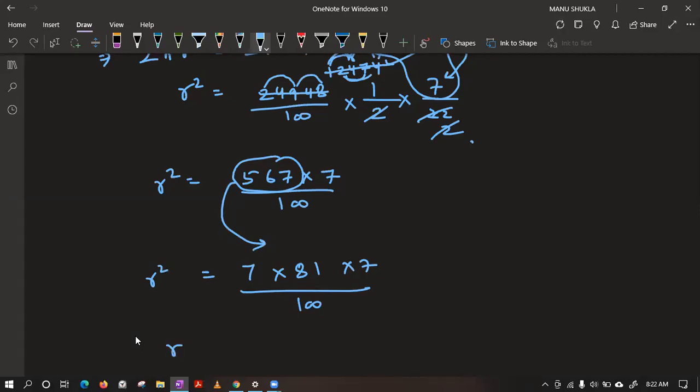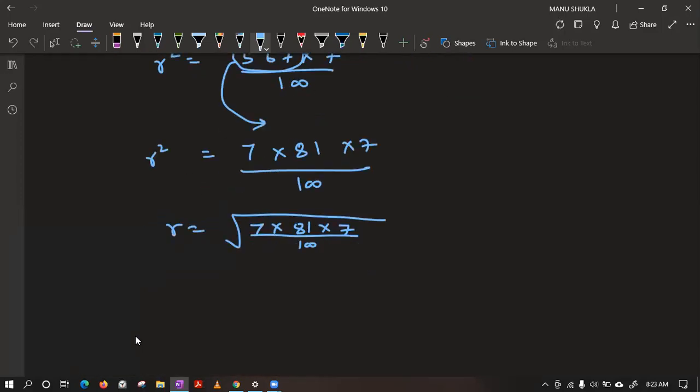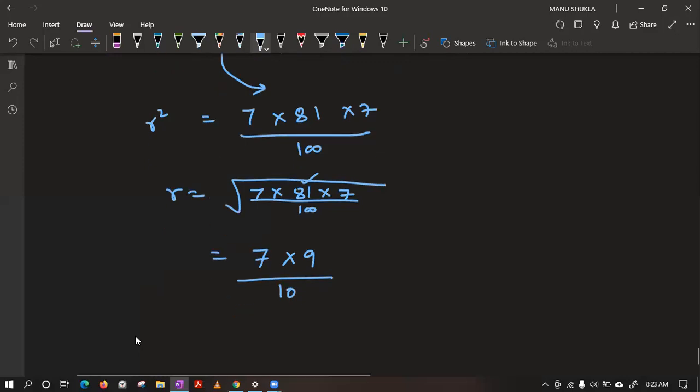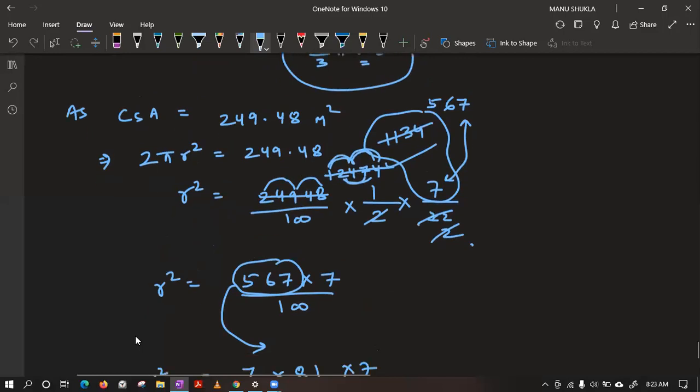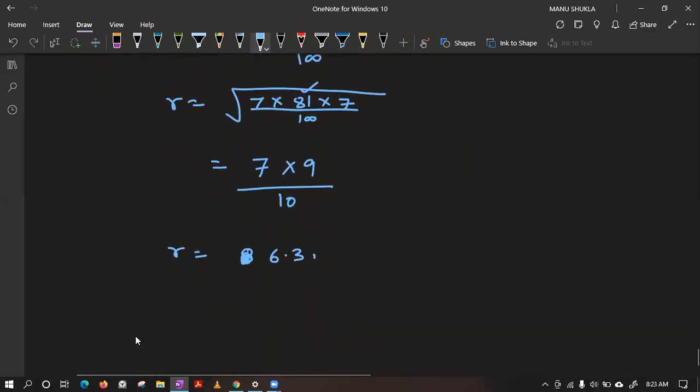Now just find the value of r by simply putting the root upon 100. Now we have a pair of 7, so one 7 will come out. We have 81, 9 will come out, and upon 10. The final answer is r is equal to 6.3. I think meters only. Yes, r is 6.3 meters.